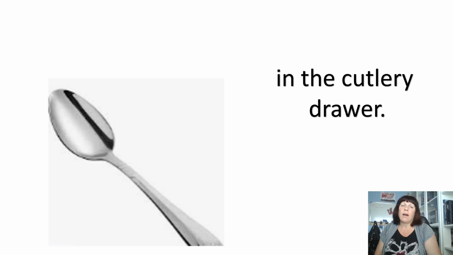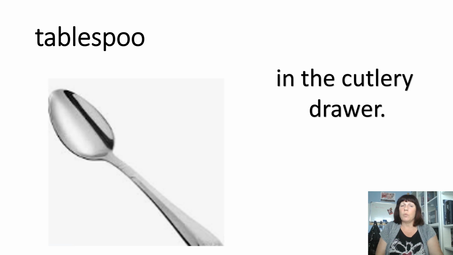What's this? Oh, what a surprise! It's another spoon. But what type of spoon is this? It's slightly bigger, and I can see that the top part of the spoon is bigger. So what word do we give this spoon? Yes, it's a tablespoon.